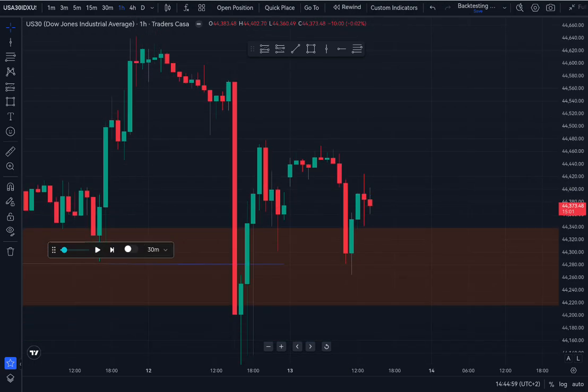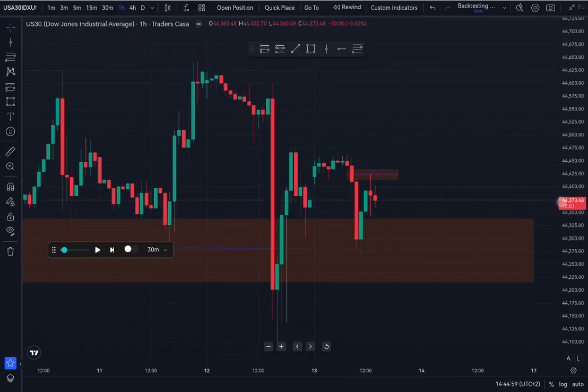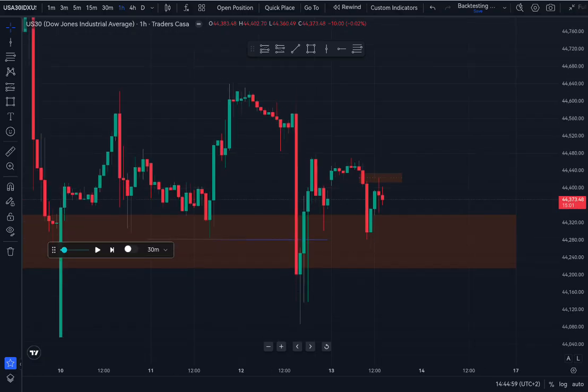So no fair value gap. This fair value gap, yes, it's a good one, but it's in the opposite direction of the 1 hour, of the 4. It's in the opposite direction of the daily time frame, so it will not be valid in this case because I'm looking for buying opportunities.